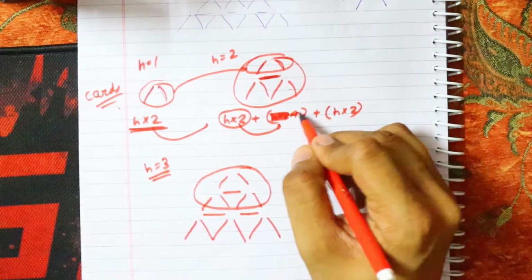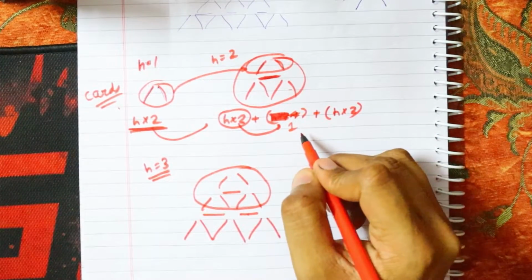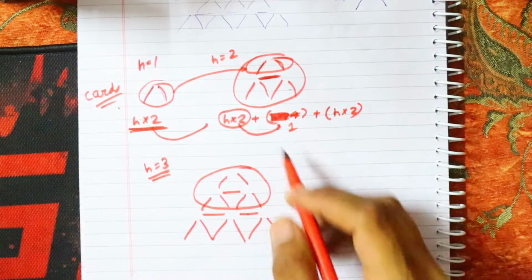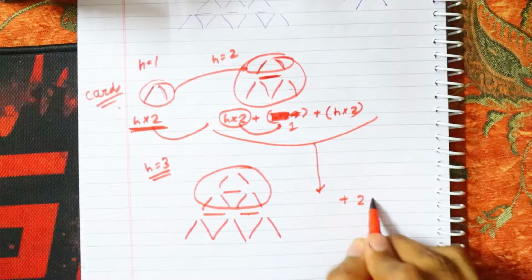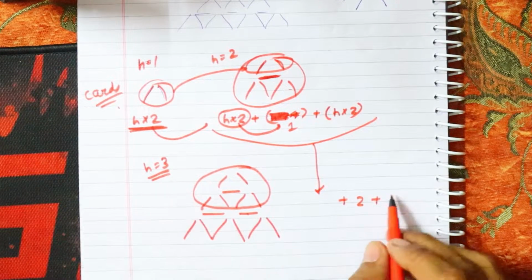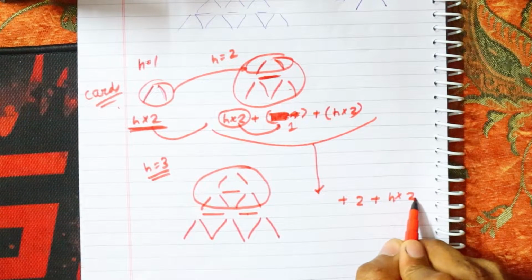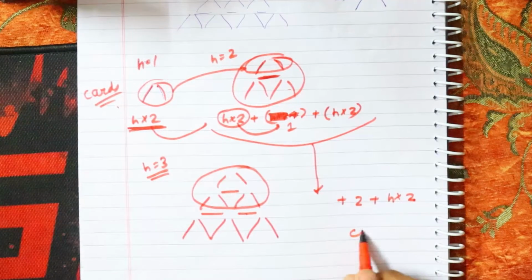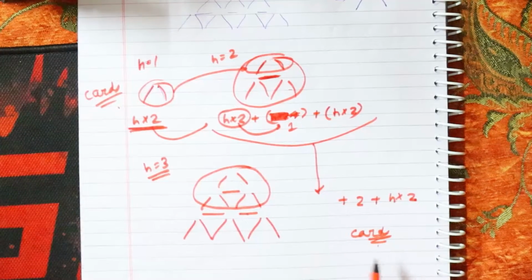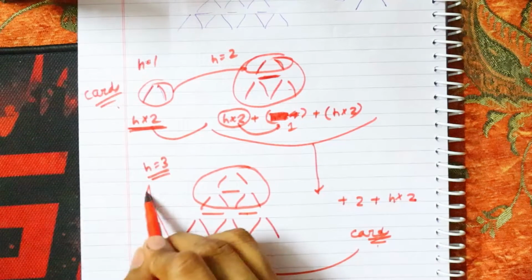So you can also write it like this: I added 1 here initially, and after that I will have this whole value here, plus I will add 2, plus I will add h into 2. With this help I will know how many playing cards are used to make a height up to h.